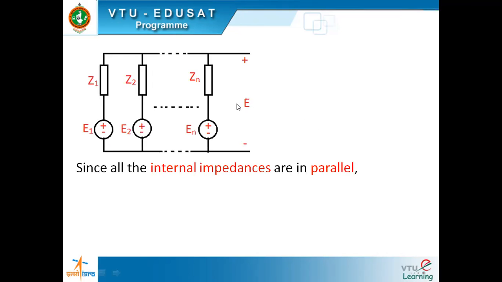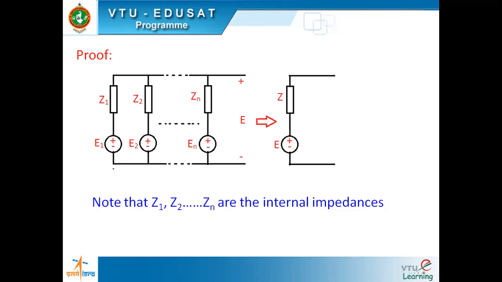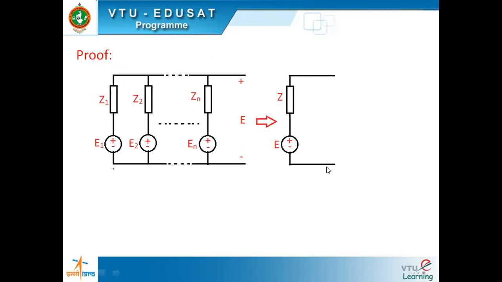If you are finding out the Thevenin's equivalent network, what is this network that we have obtained here? Let me show you that. What is this particular network called? There is a voltage source in series with the impedance. Yes or no? There is a voltage source in series with the impedance. That means this a Norton's network or a Thevenin's network? This is the Thevenin's network.